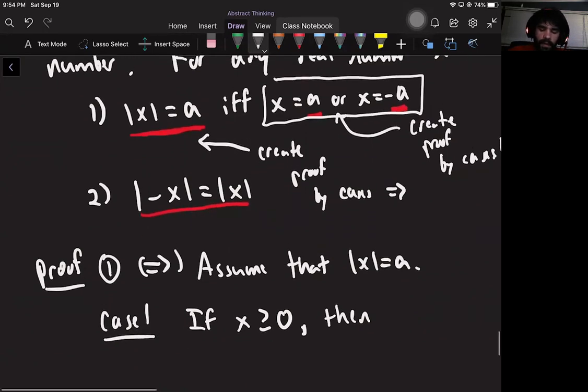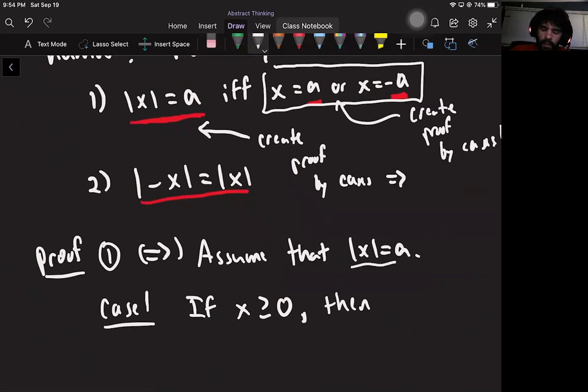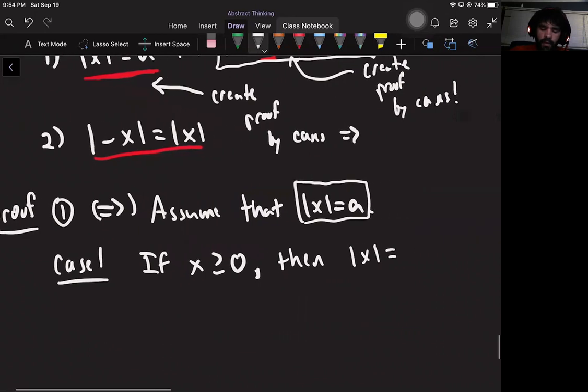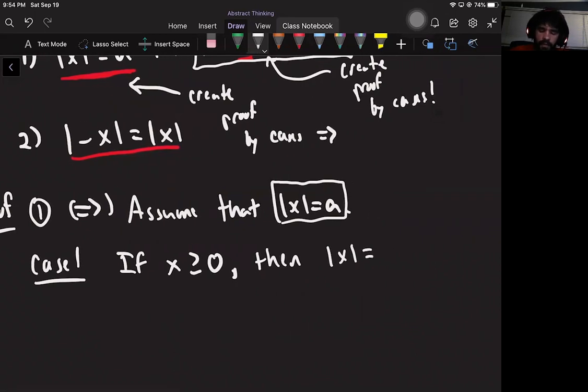And I already know by assumption that the absolute value of x is a. So if I plug in a positive number or 0, then the absolute value of x is defined to be what? It's a piecewise function, and when I plug in a positive number, the answer is just that same number. So that's what I can say.